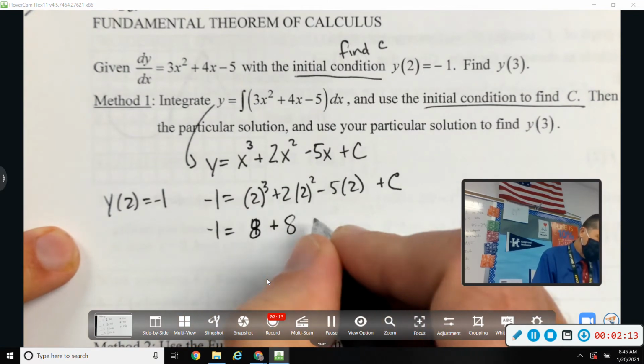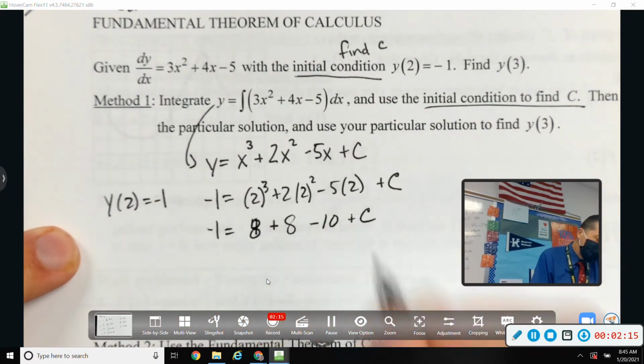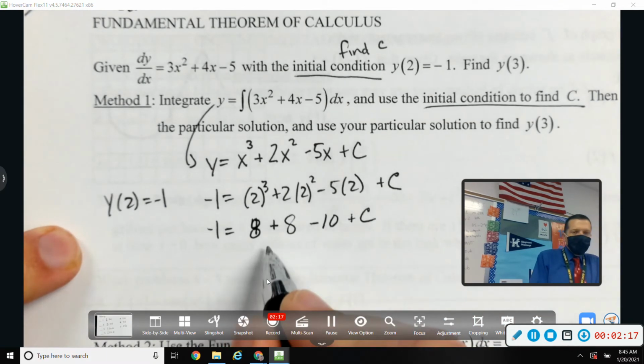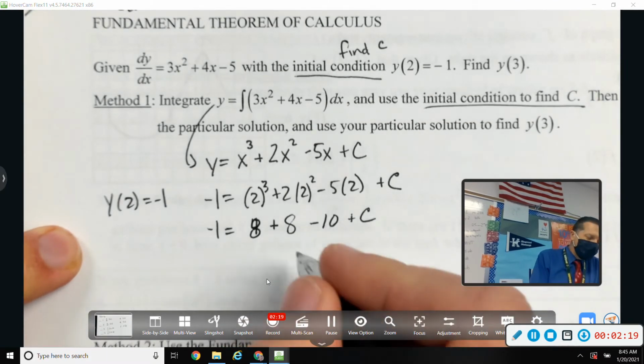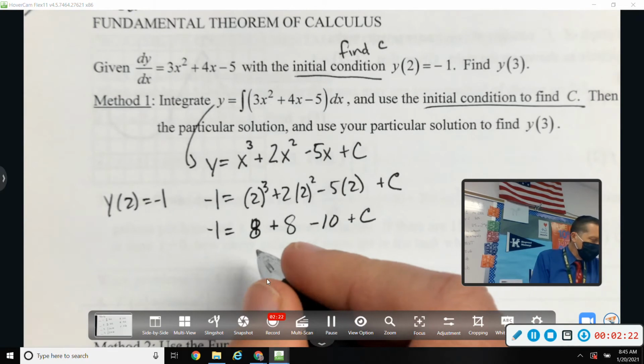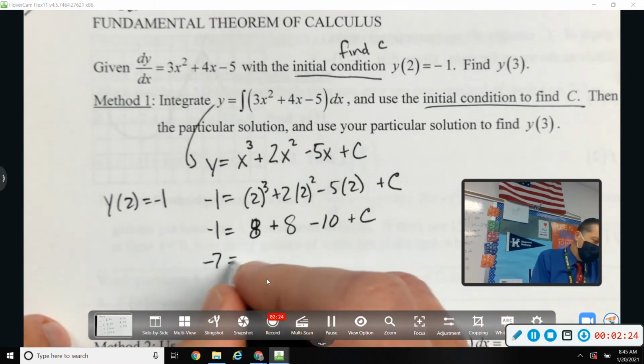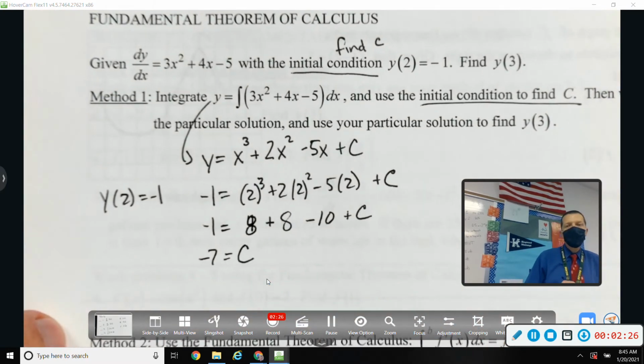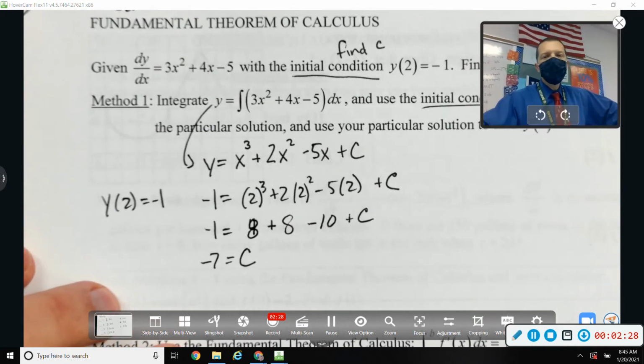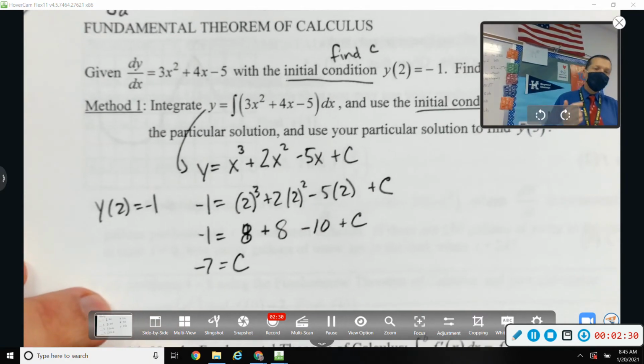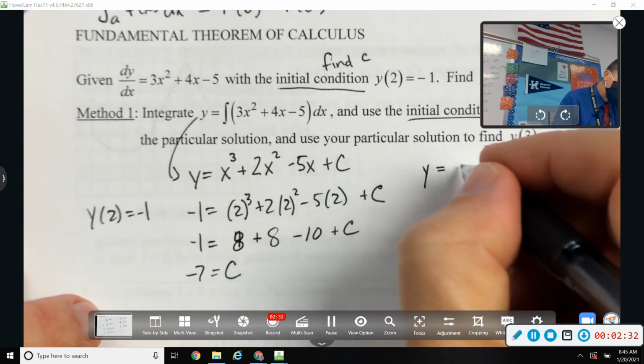So 8 plus 8 minus 10 plus c. 16 minus 10 is 6. If I move that to the other side, I get negative 7. So c is negative 7. So now we know what the particular solution is.